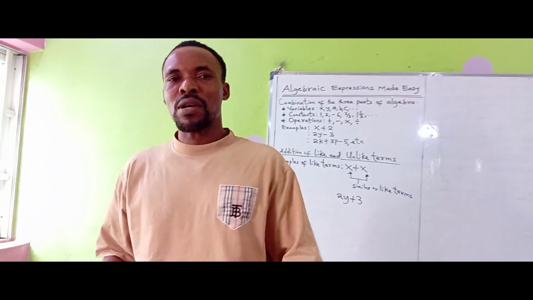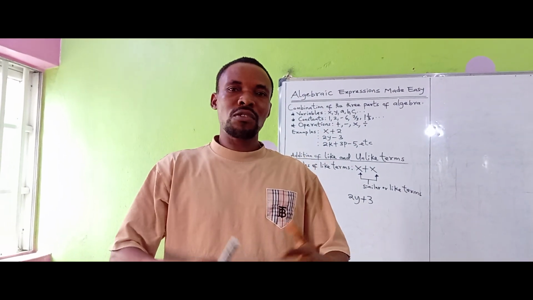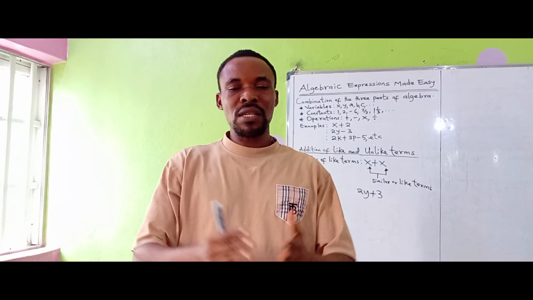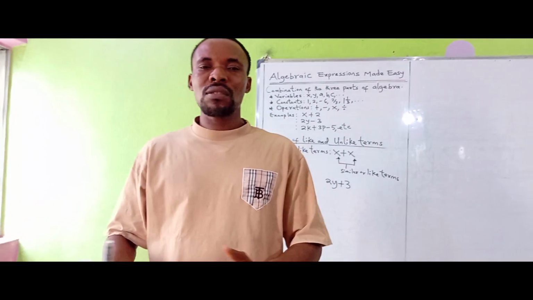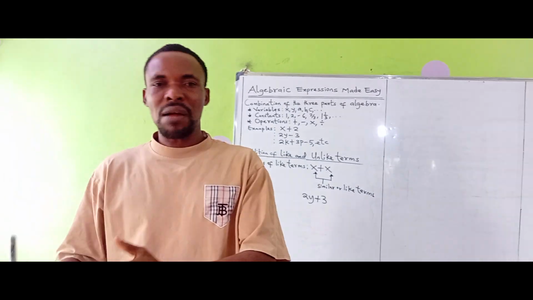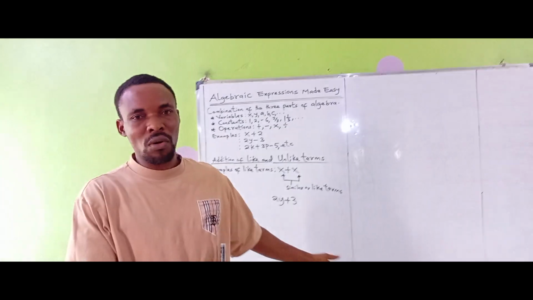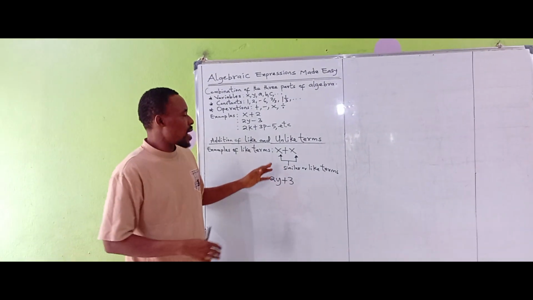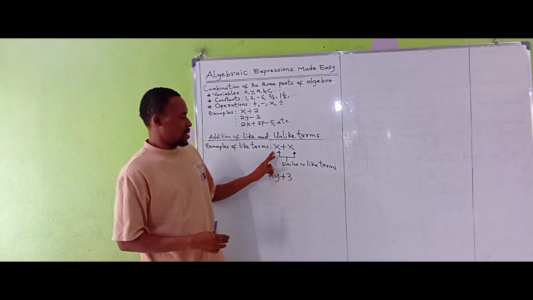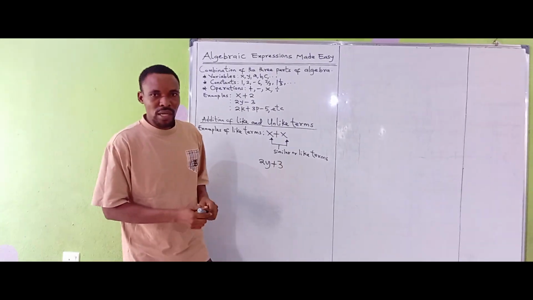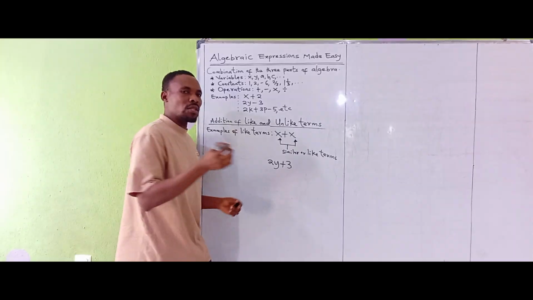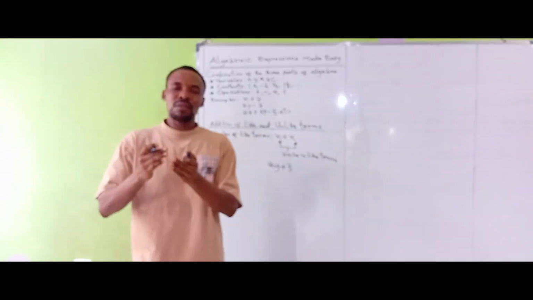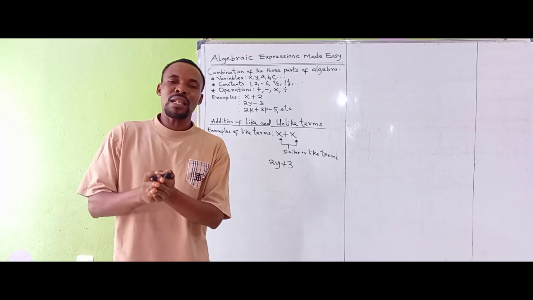I want you to have something at the back of your mind. Algebra is solved the same way as basic arithmetic. All the rules that you know about basic arithmetic also apply to algebra. How do I mean? Look at this. We have x and x. By the way, here we have what we call a coefficient. A coefficient is a number that is attached to a particular letter.